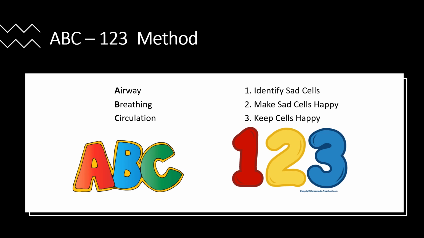If we don't have the ABCs in place, then we know that cells are going to be sad. So the first idea is to make sure that the ABCs are in place and intact. Once we do that, we move on to 1, 2, 3. So 1 is to identify sad cells. 2, we need to make those sad cells happy. And 3, now we've got to keep all the cells happy.